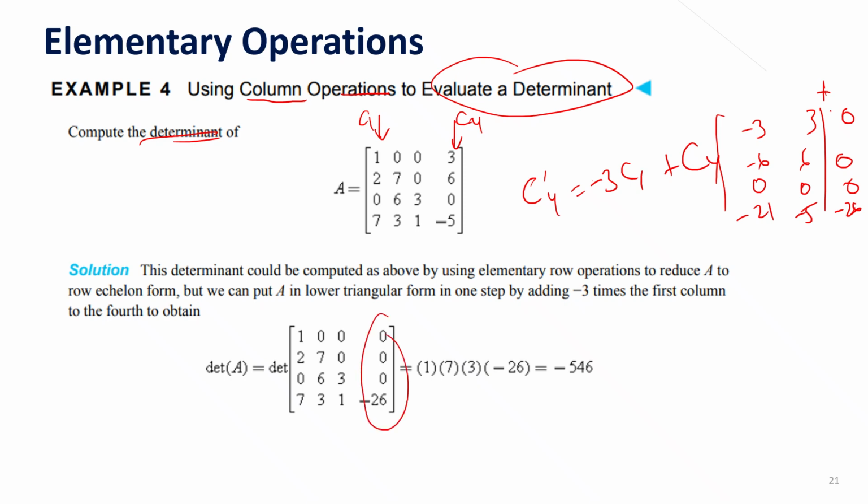It turns out this is a special matrix, a lower triangular matrix, where you can calculate the determinant by calculating its diagonal. So it's easier to calculate its determinant.